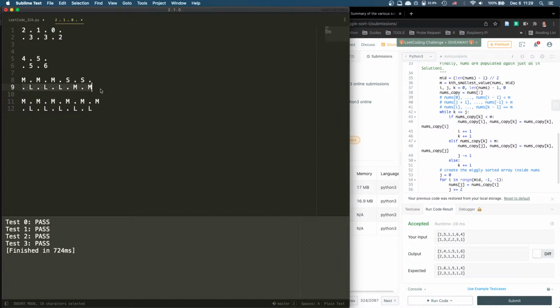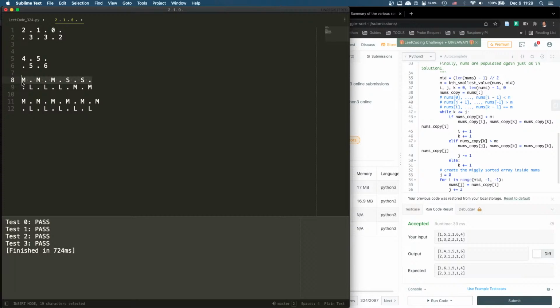Now they are not exactly the left side of the array, but if these values can be considered a quote-unquote left side, and these can be considered a quote-unquote right side, then when we throw to the left and throw to the right, we actually throw them into the right position, right?